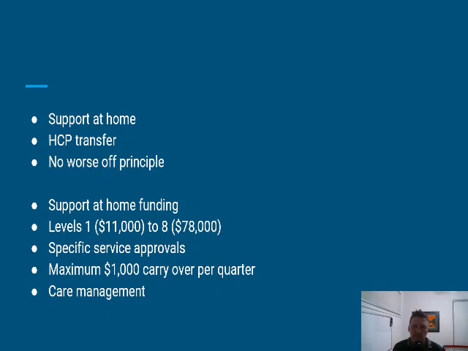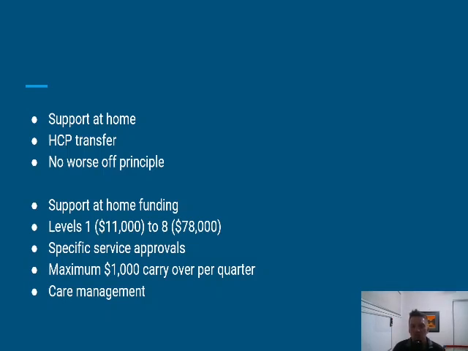And the other difference with the home care package is, every 3 months is your budget. If you don't use all the funding, under the home care package, you could just carry over everything every year. Slight difference this time with the supported home program is that you don't have to use all the funding, but you can only carry over up to 10% or $1,000, whichever's less, each 3 months.